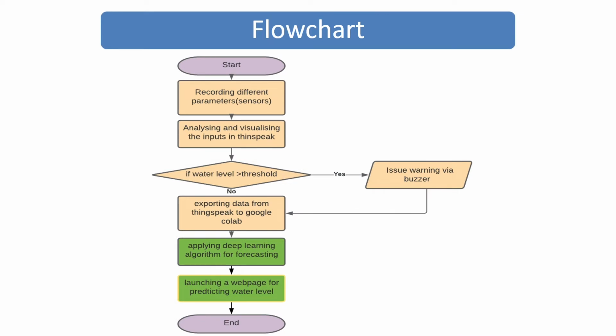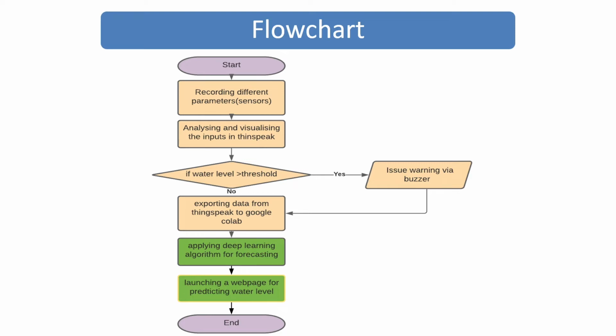This is the flowchart of our project. Let's try to understand this. Firstly, all the connected sensors start to sense and collect their respective data, and the recorded data are collected by the Arduino. Then the data are sent by the NodeMCU to the ThingSpeak platform for analyzing and visualizing. After that, if the water level does not cross the threshold limit, then the system will not proceed further.